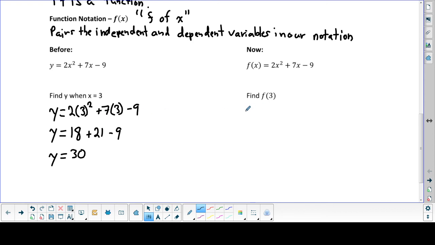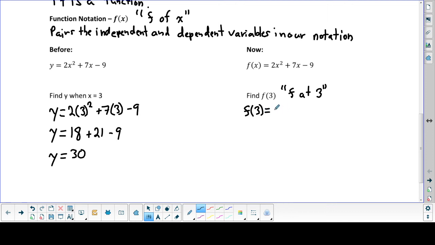Let's see how we do it on the other side. Spoiler, we do the exact same thing. So we'd write f at 3. So we say this a little bit different. Here we say f of x. Here we say, let me write it in quotes again for us, f at 3. Okay, so f at 3, the function at 3 is like the long form.